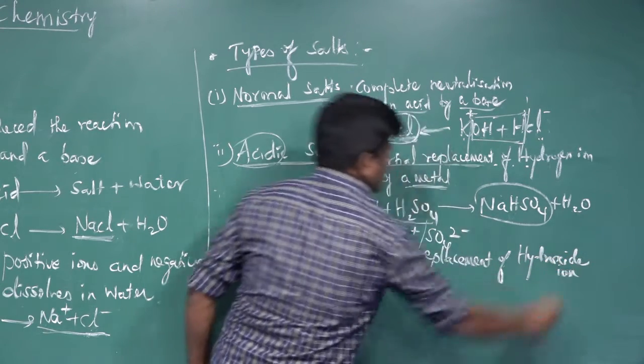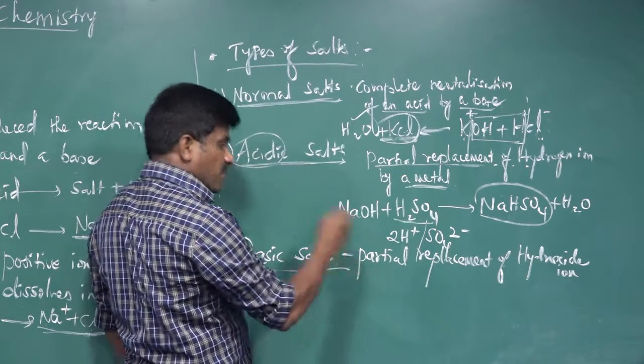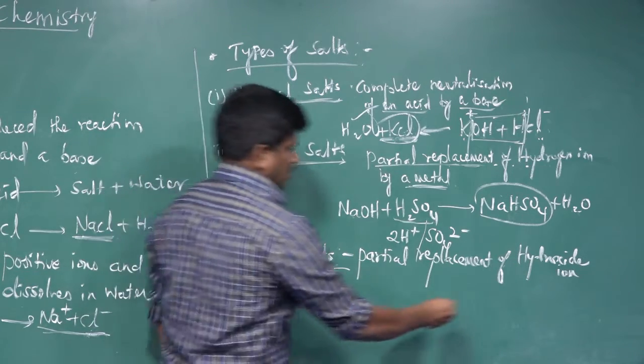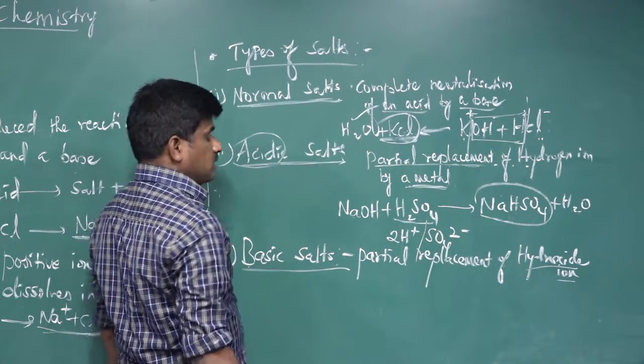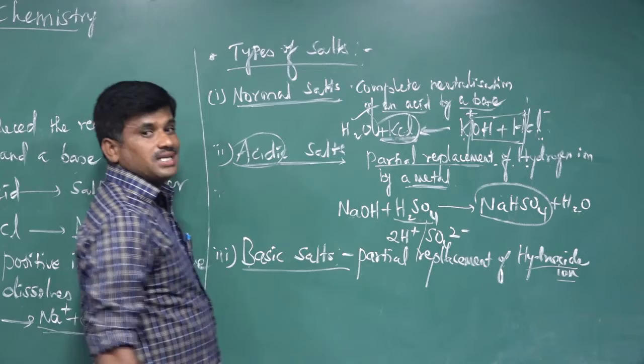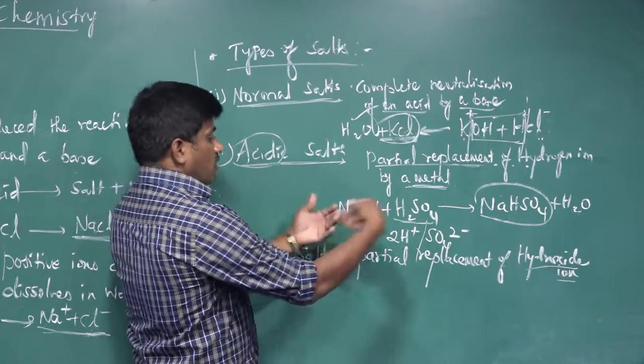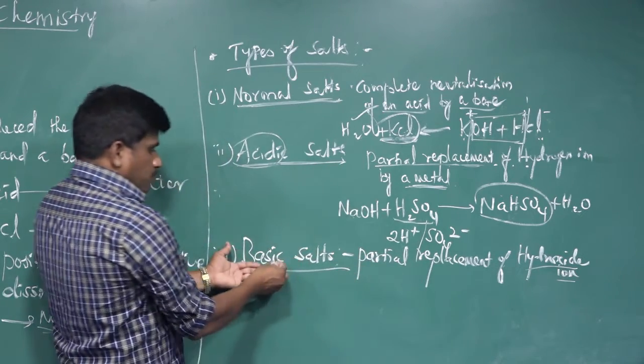This hydroxide ion is present in a base. A base contains hydroxide ion. So partial replacement of hydroxide ion from a base by an acid radical, such a product is called basic salt.